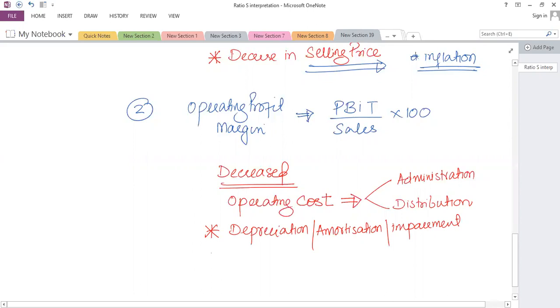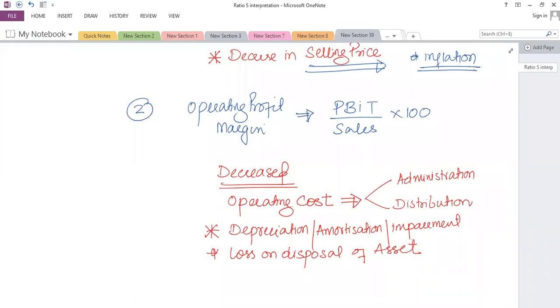There might be some one-off cost, like loss on disposal of an asset, as a result of which there is a change. And remember that if any ratio has decreased, it does not necessarily mean poor performance. Let me give you one example: increasing marketing cost.